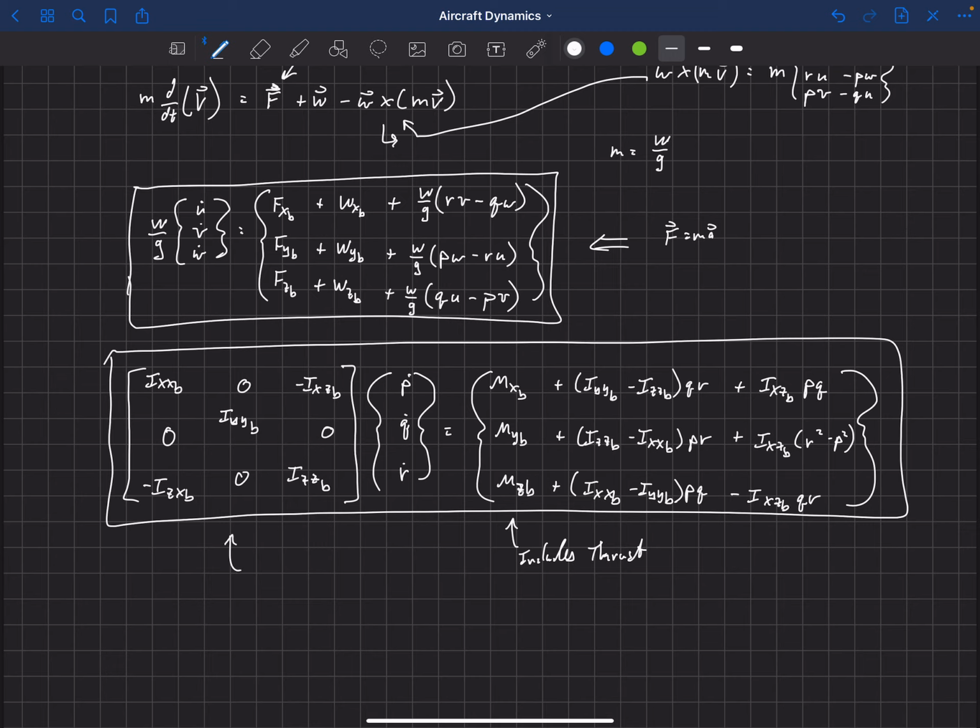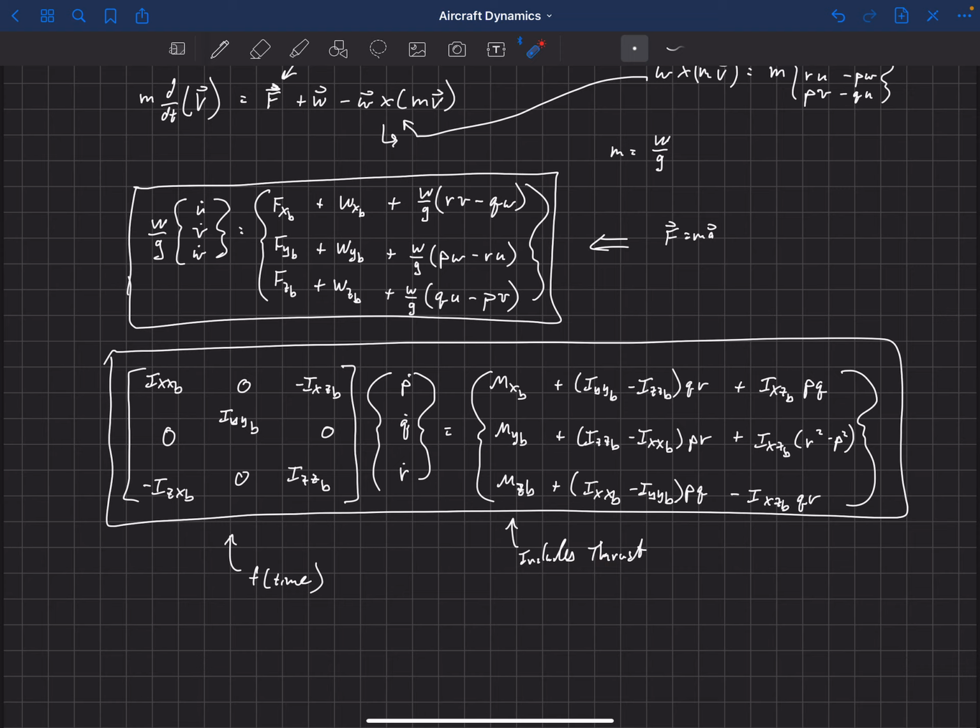Again, this inertia tensor can be a function of time just fine, because we've included the effects of thrust and the effects of changing that inertia tensor as a function of time due to fuel or mass entering or exiting this aircraft inside of these terms here.